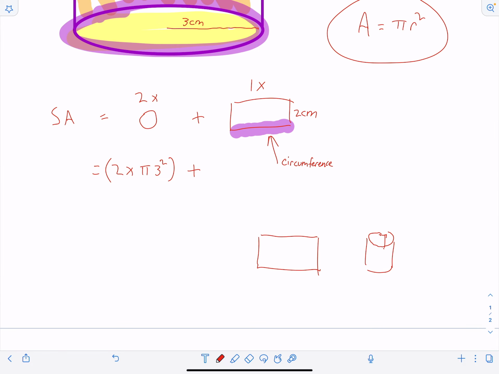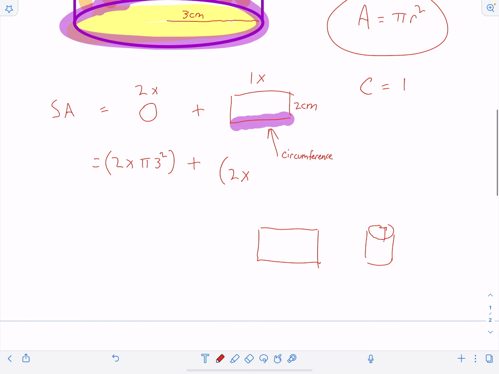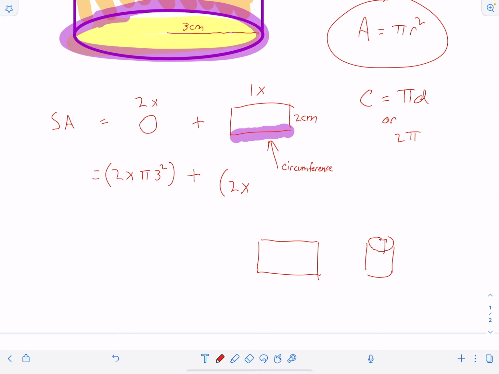So we need to be able to calculate what the circumference is. We're going to have 2 centimeters for that height, multiplied by the circumference. The circumference equals pi d, or you can say that it's 2 pi r. Most people will learn it as 2 pi r. So let's put that in.